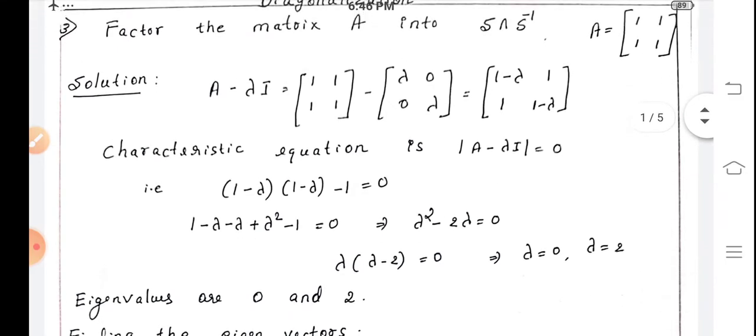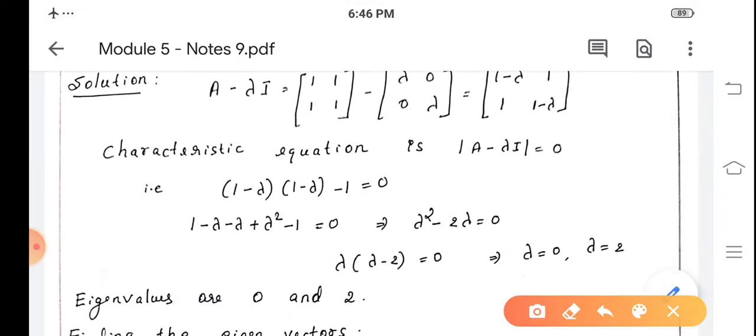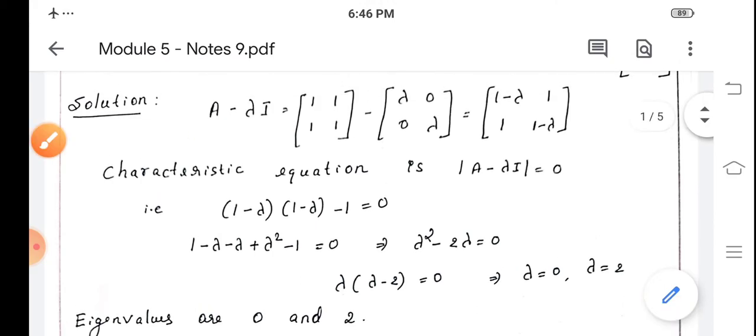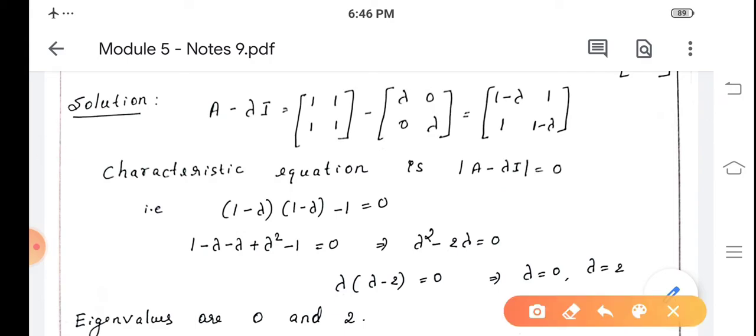Now let us find the eigenvalues first. To find the eigenvalue, we require the characteristic equation, that is determinant of A minus lambda I equal to 0. We write A minus lambda I as A, that is 1 1 1 1, minus lambda into I, that is lambda 0 0 lambda. So A minus lambda I is 1 minus lambda, 1, 1, 1 minus lambda.